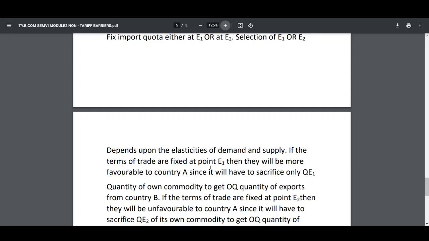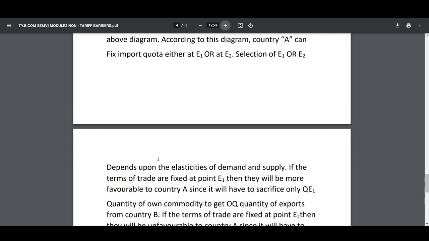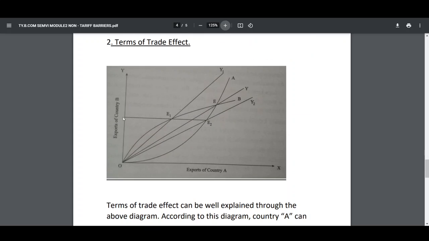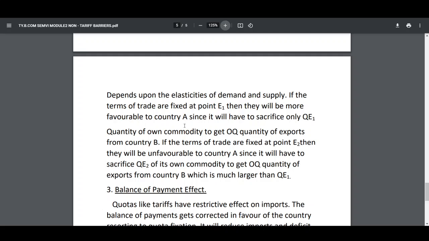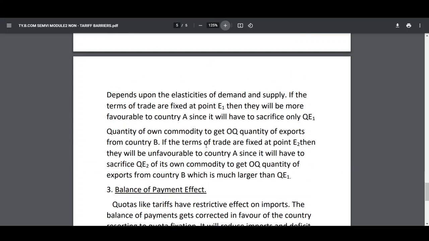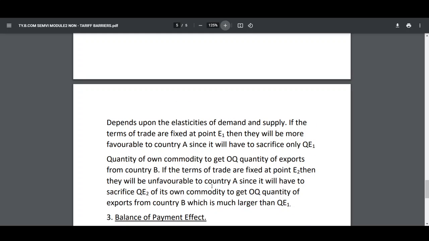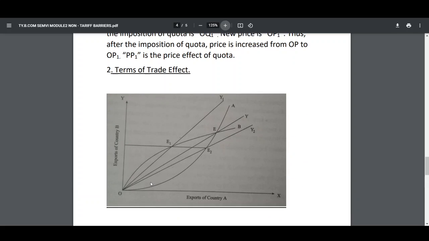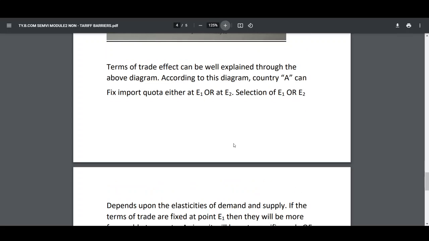If the terms of trade are fixed at point E1, then they will be more favorable to country A, since it will have to sacrifice only QE1 quantity of its own commodity to get OQ quantity of exports from country B. If the terms of trade are fixed at point E2, then they will be unfavorable to country A because it will have to sacrifice QE2 in order to get OQ quantity of exports from country B.